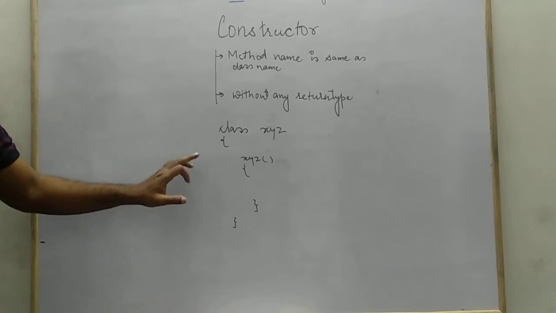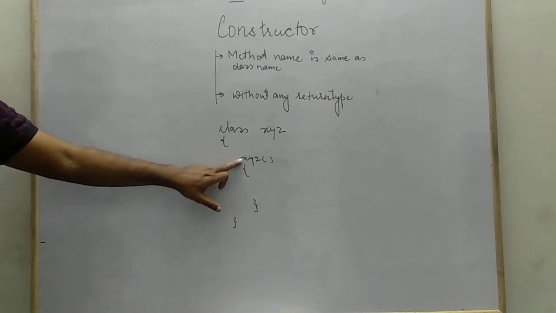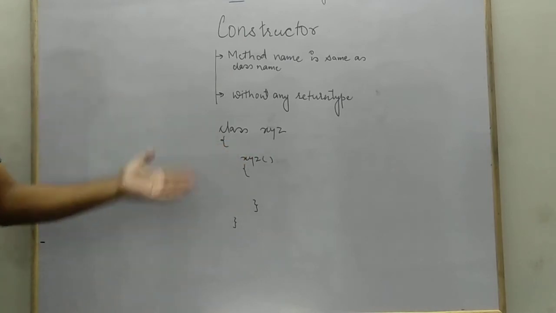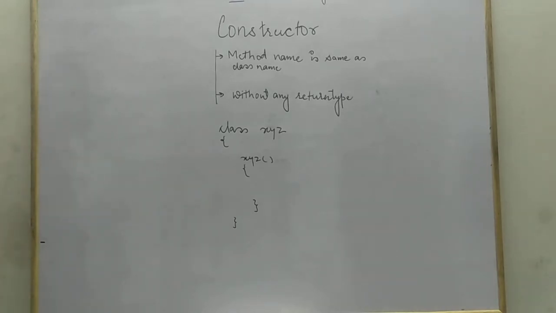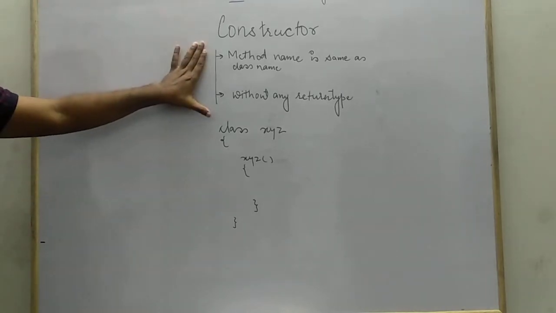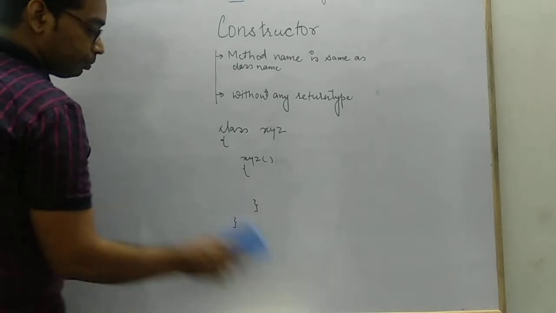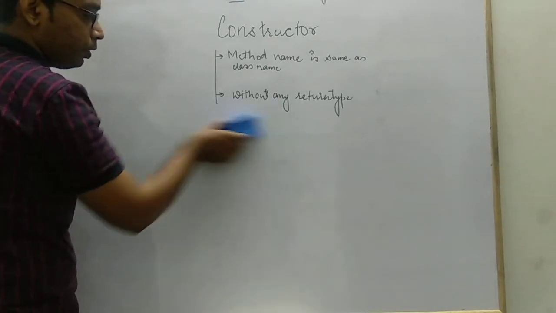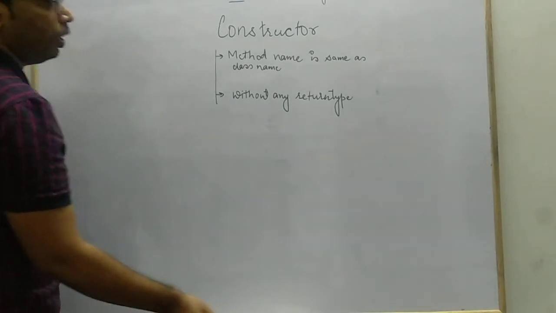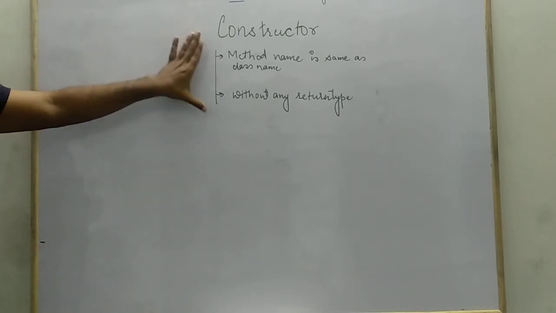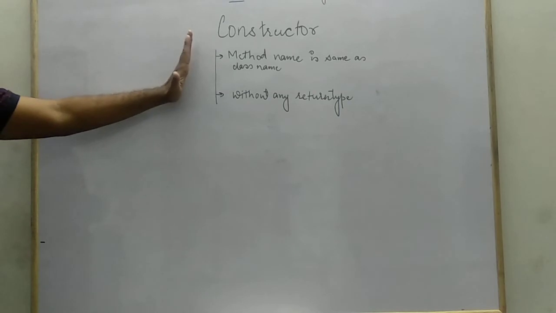You may write public, by default this one is public, but here you need not write it, so only XYZ, no void, no int, no double, that means no return type. So these two conditions must be followed to call a method a constructor. These two things are the basic things to create a constructor.